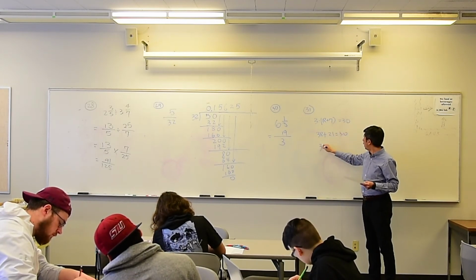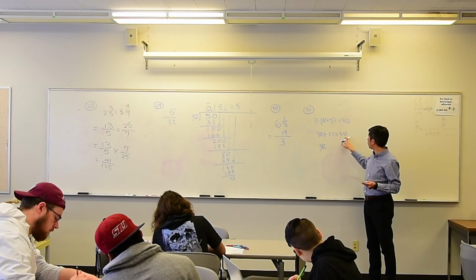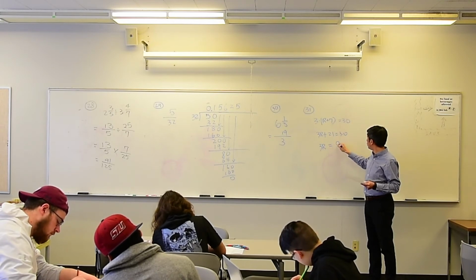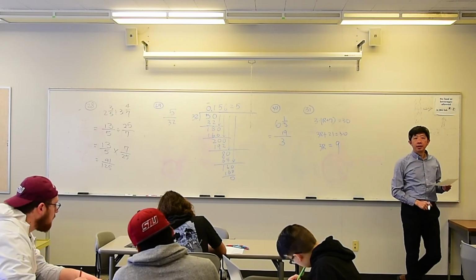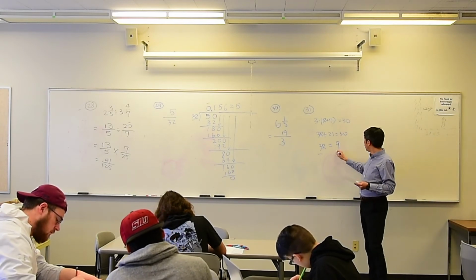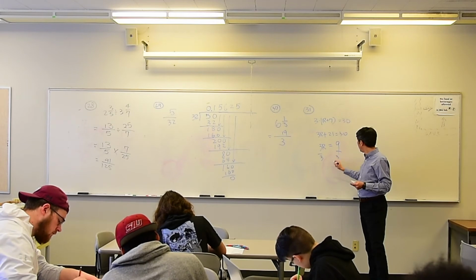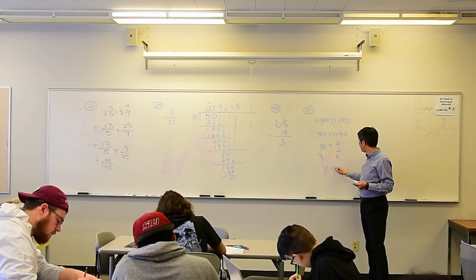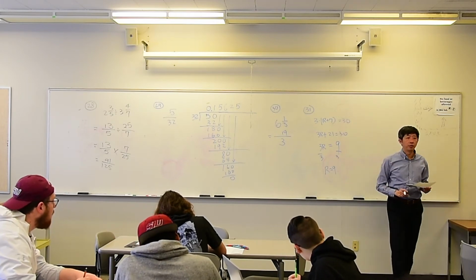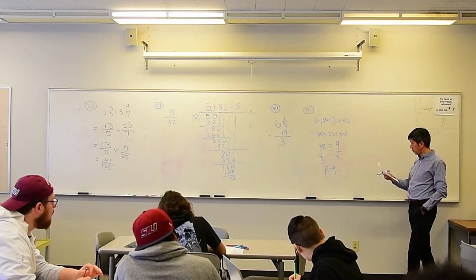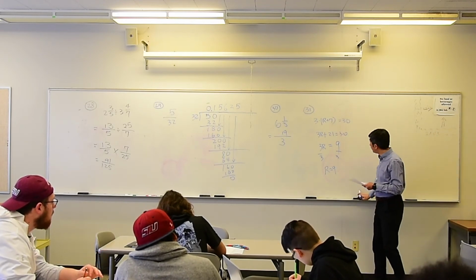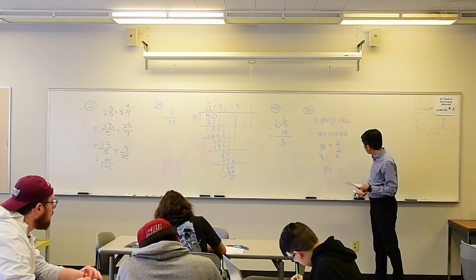And then 3r plus 21, minus 21, equals 30 minus 21, which is equal to 9. And we divide it by how many? Divided by 3. And r is equal to 3. I don't think there's any problem with this, right?